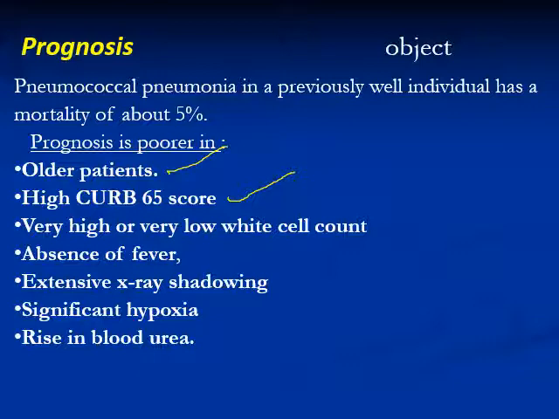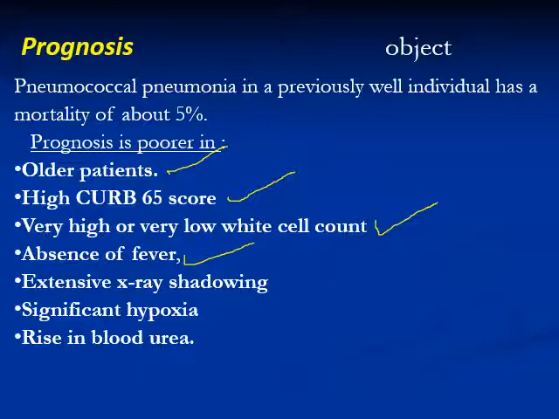Very high or very low white blood cell count, meaning severe leukocytosis or severe leukopenia, is also a bad prognostic point. Absence of fever: pneumonia usually causes fever, but if the patient does not develop fever, it means the patient is immunocompromised. So absence of fever indicates a poor prognosis.